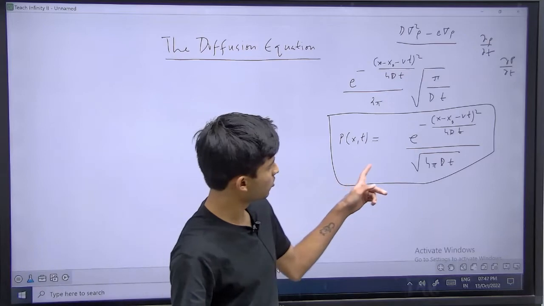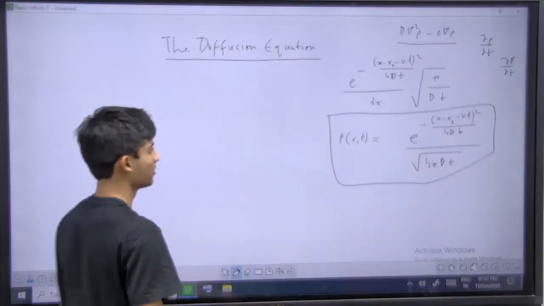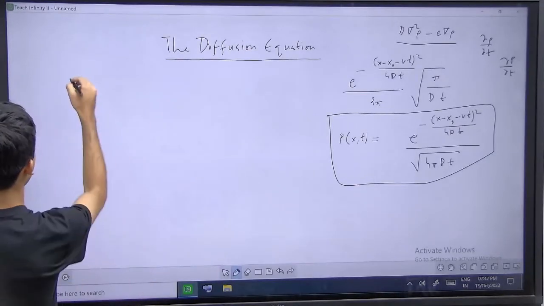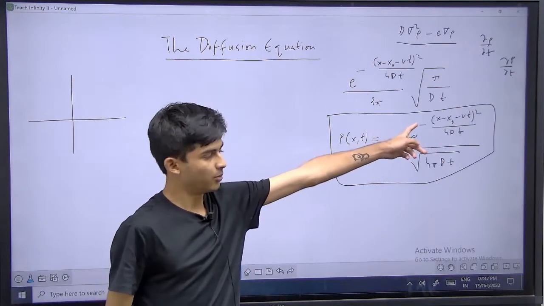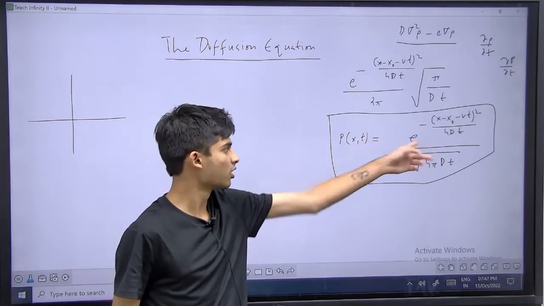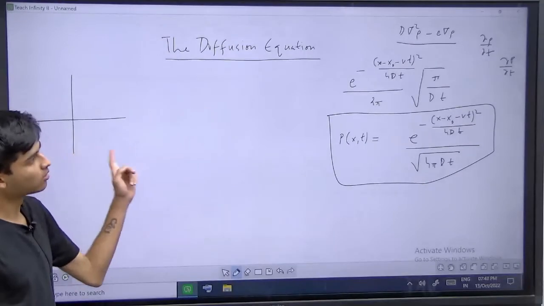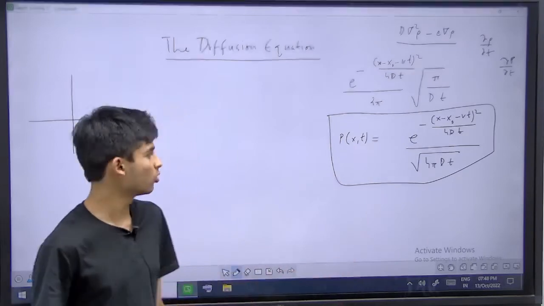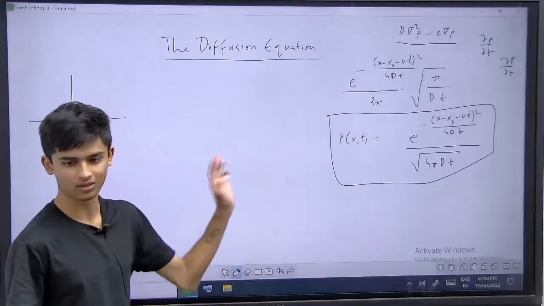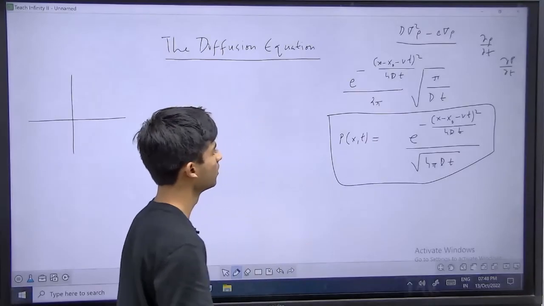right? And some remarks about this. Again, I said it probably twice, but I think this is the best part about it. The peak of this Gaussian moves in the direction of v, and v has no other role to play apart from simply shifting this Gaussian front and back.